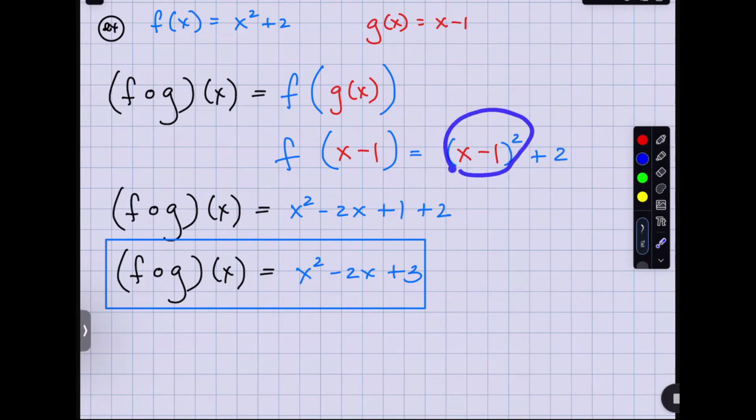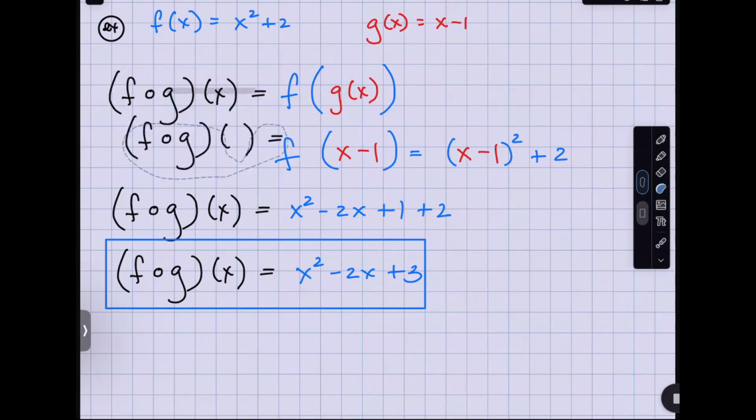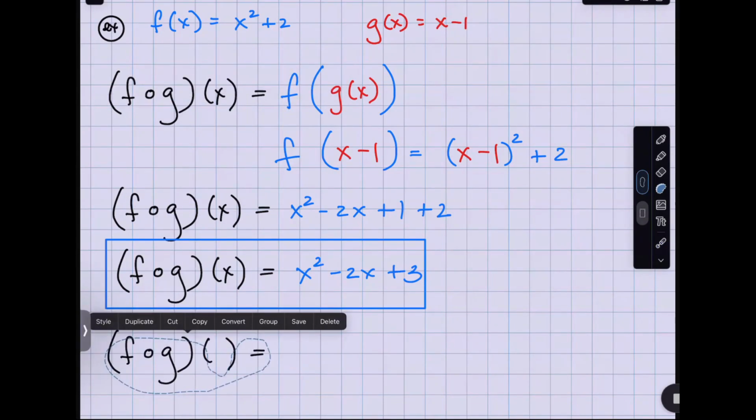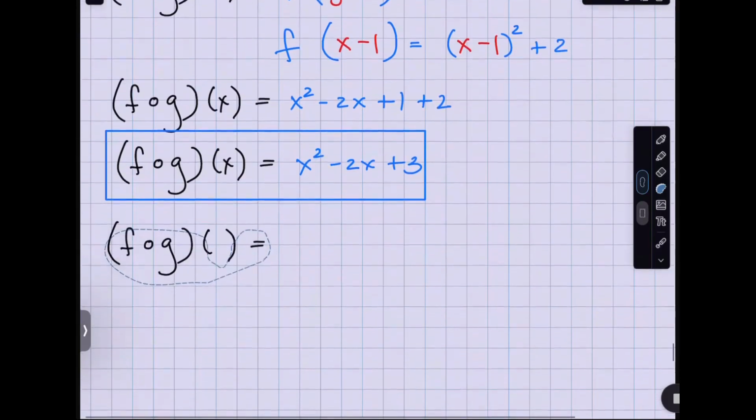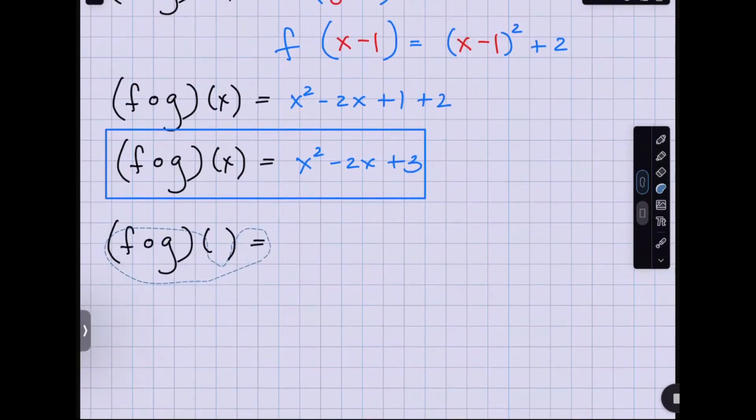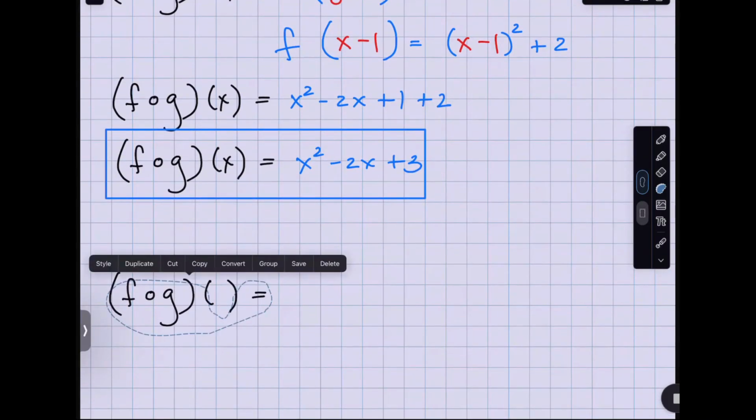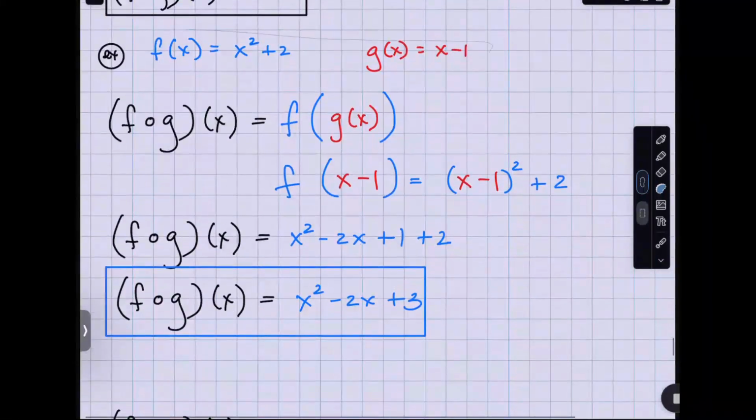It's like you said, foiling this or double distributing this gets this, and then plus 2. So again, because the inside of the parentheses was x, I'm going to get it looking like x, right? I better do this in case you guys get lost again.